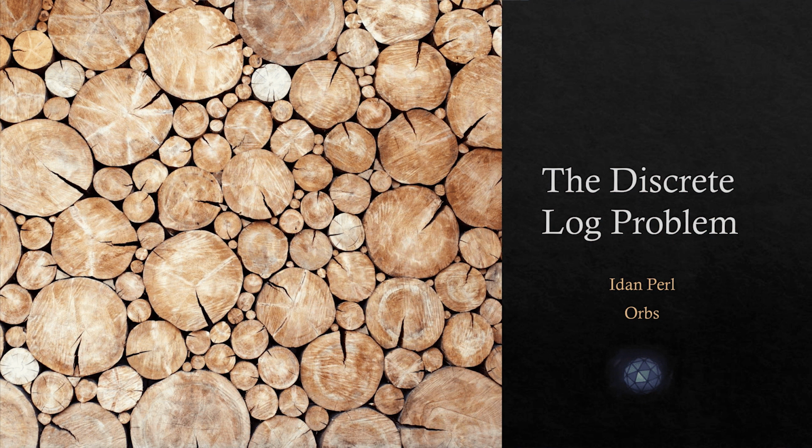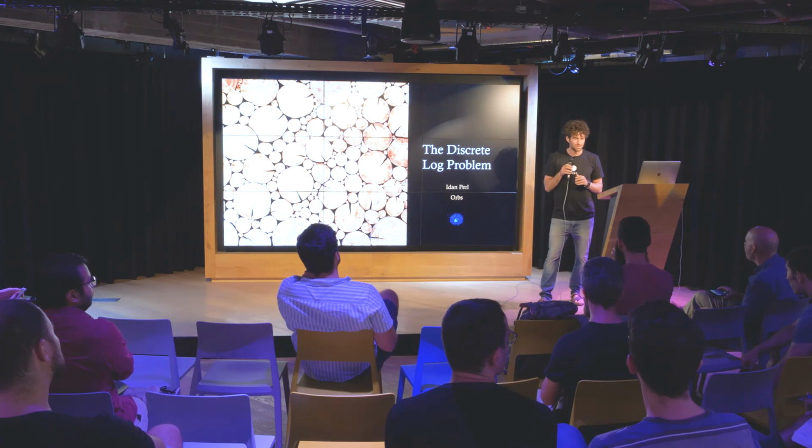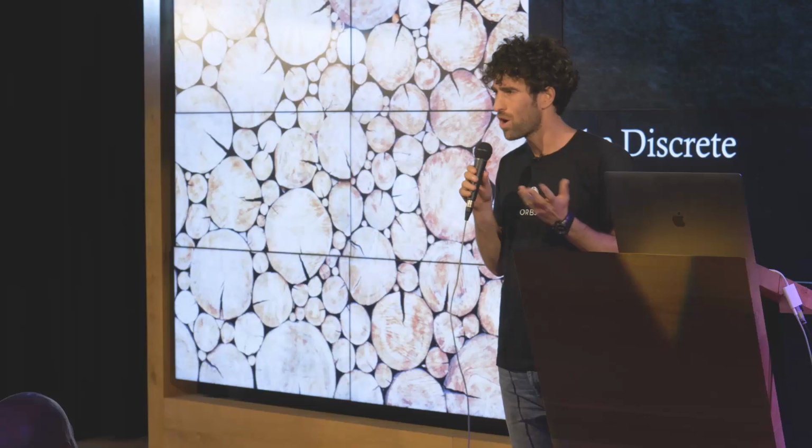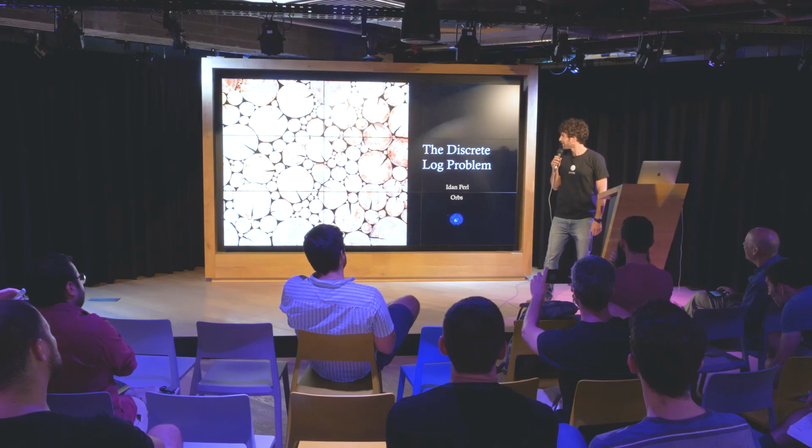So the talk today is going to be a little bit mathier than usual, I guess. And it's math being done on a PowerPoint slide, so that's a complicated endeavor. Bear with me.